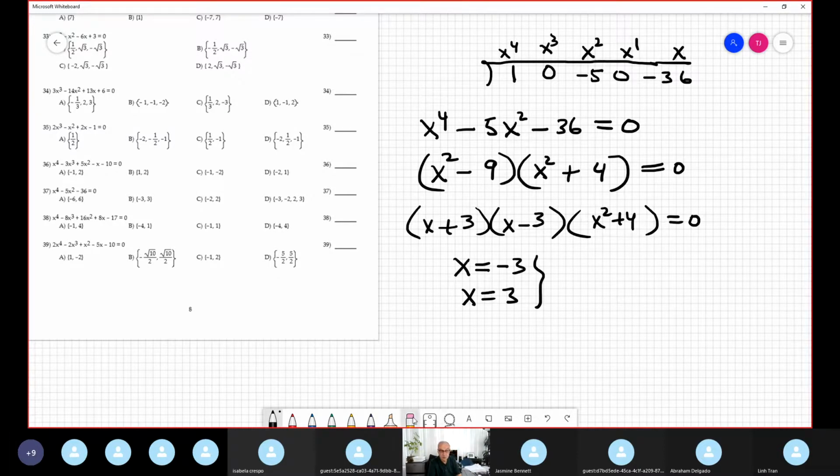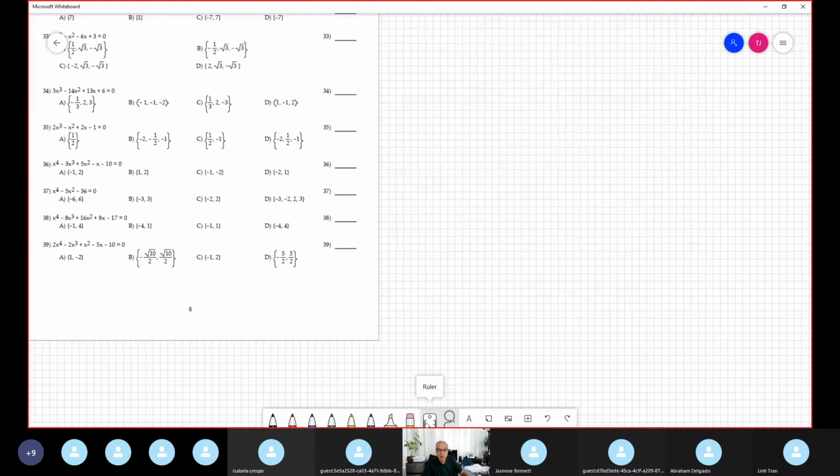Again, a polynomial of degree 4: x to the 4th minus 8x cubed plus 16x squared minus 8x plus 17. Of course, it's equal to 0.